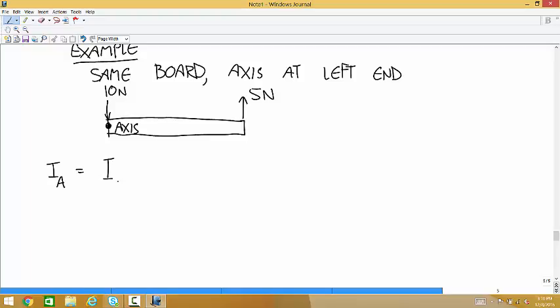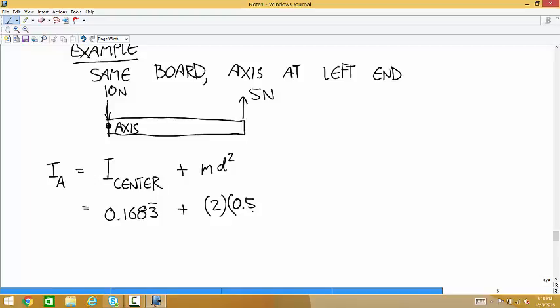So it's going to be equal to the moment of inertia about the center plus md squared, since this time the axis isn't at the center. So we get 0.1683 repeating plus the mass of 2 kilograms times what's the distance between the center and the axis? 0.5, yep.